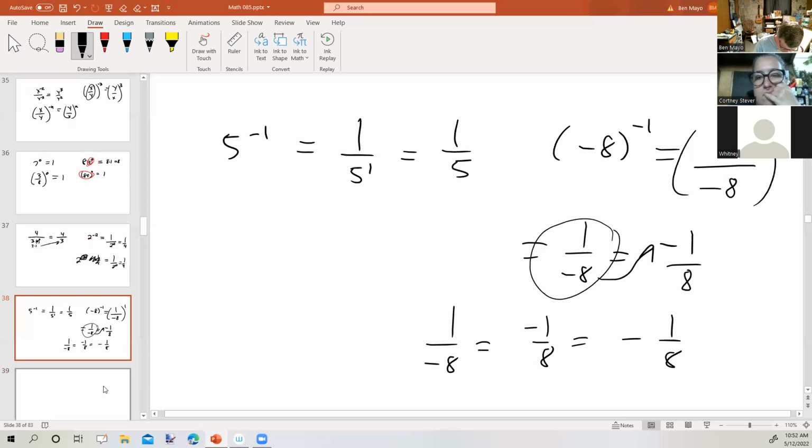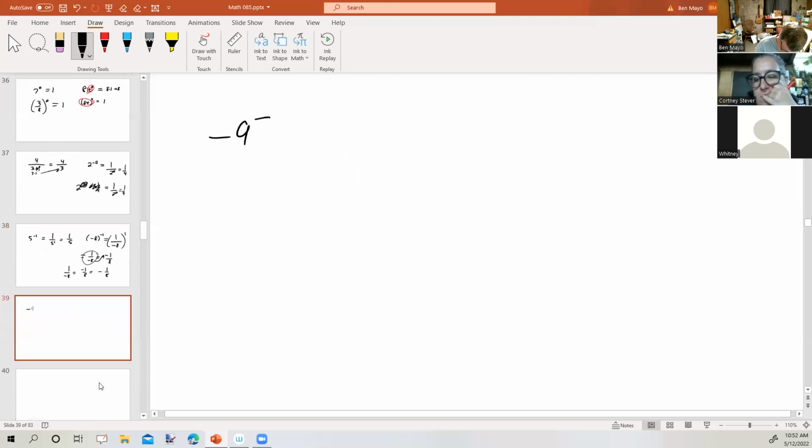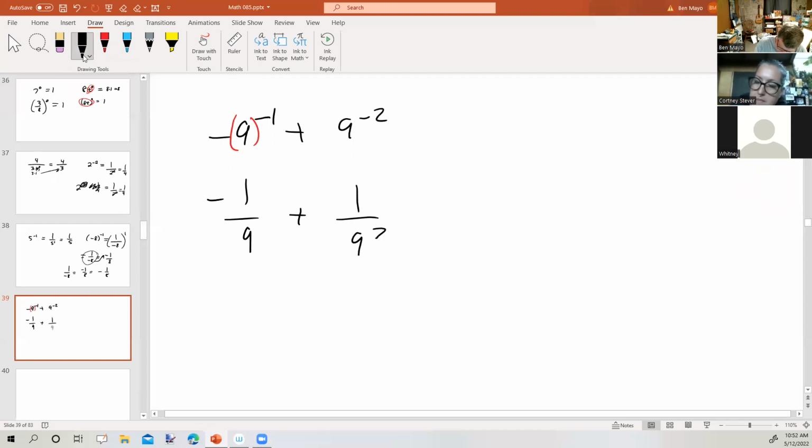What about this? Negative 9 to the negative 1 plus 9 to the negative 2. So that would be what? Negative 1 over 9, because again, the base for this is just the 9. And then plus 1 over 9 squared. So negative 1/9 plus 1 over 81.